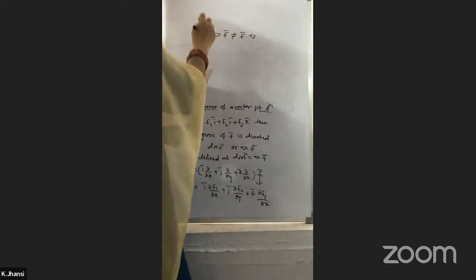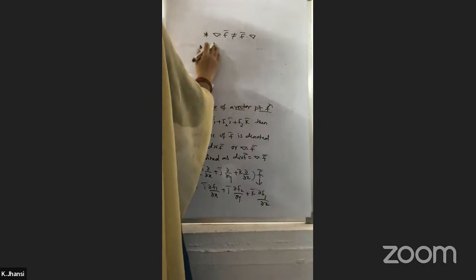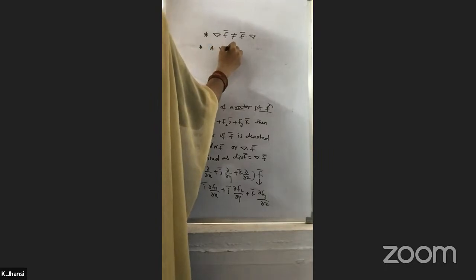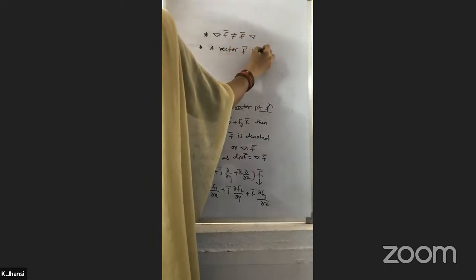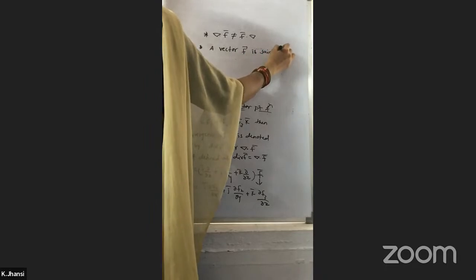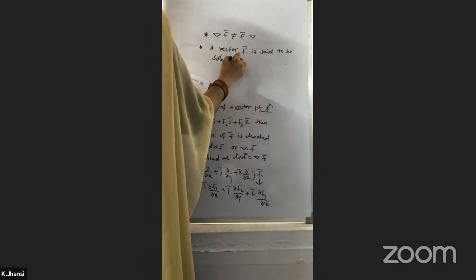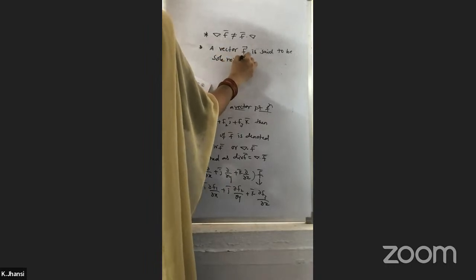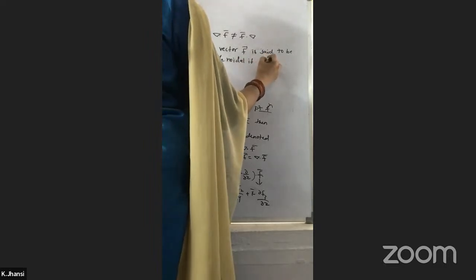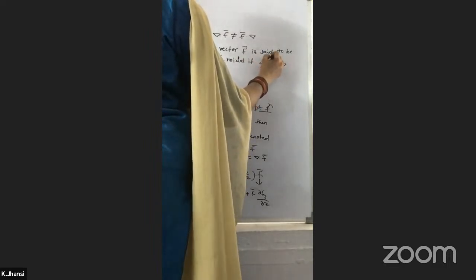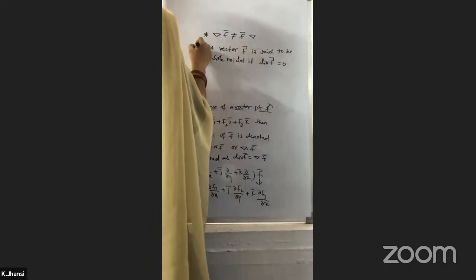And next, a vector function f is said to be solenoidal if div f equals 0. This is the important one.